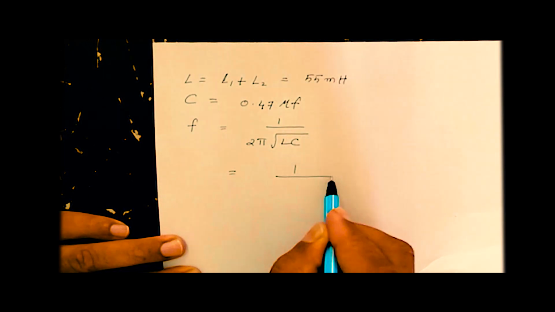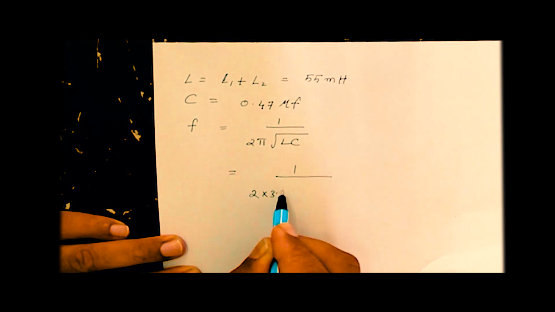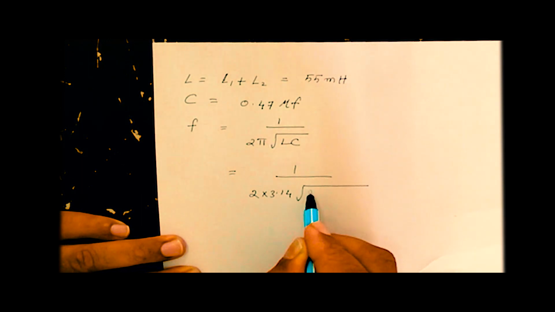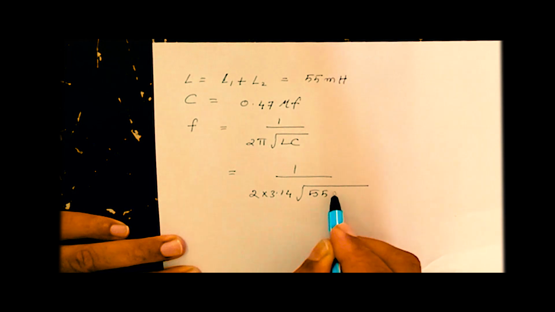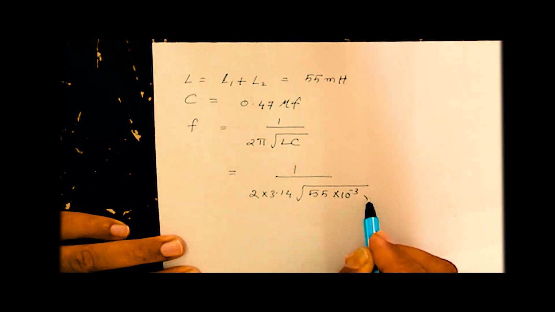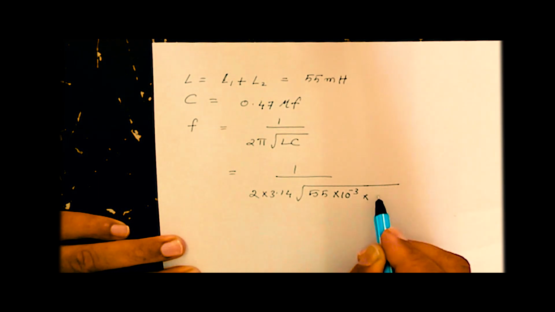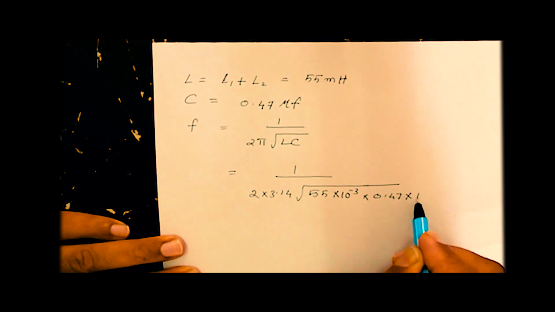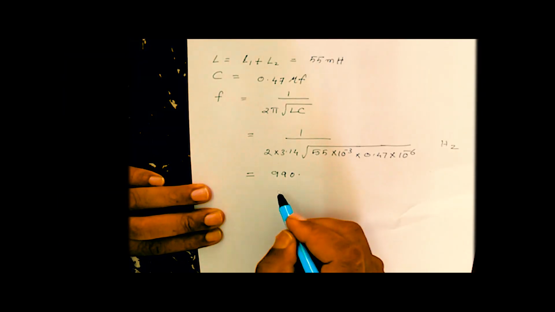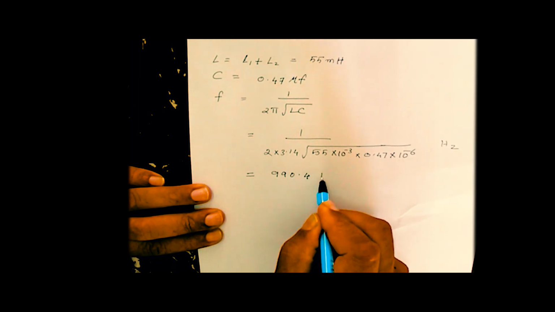So this is 1 by 2 into 3.14 into root of 55 into 10 raised to minus 3 into the C value 0.47 into 10 raised to minus 6. So this is how much hertz. On calculation we get 990.4 hertz.